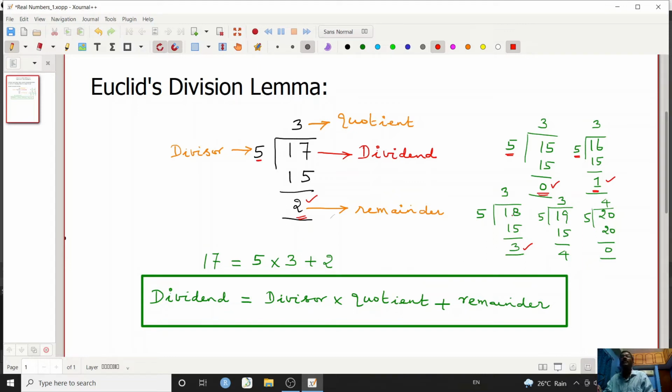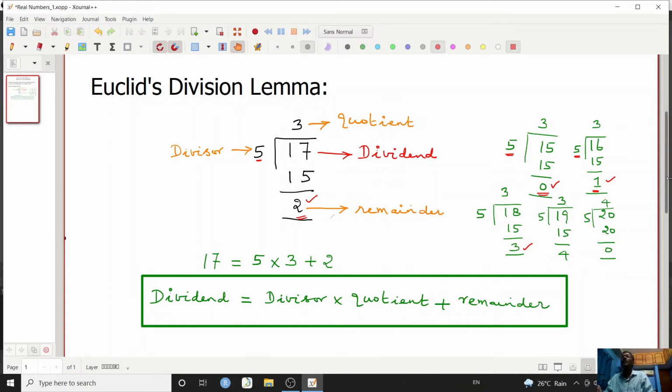So when the number is 18, the remainder is 3, which is again less than what? The divisor, namely 5. When it is 19, remainder is 4, 4 is less than 5. So in all the cases, we observe that this remainder is always less than the divisor.